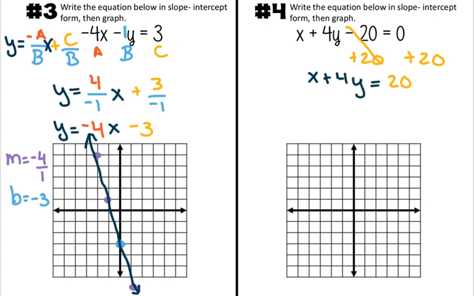Now you could go ahead and use the formula because you can see clearly you have your a, b, and c. But I'm going to go ahead and keep solving it this way. So I'm going to get 4y equals negative x plus 20. And then I need to divide everything by 4.